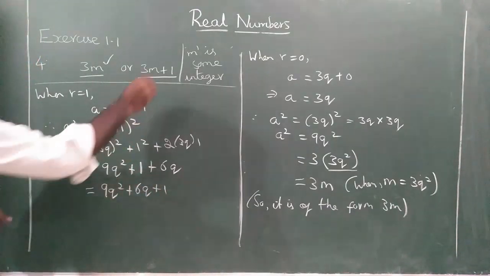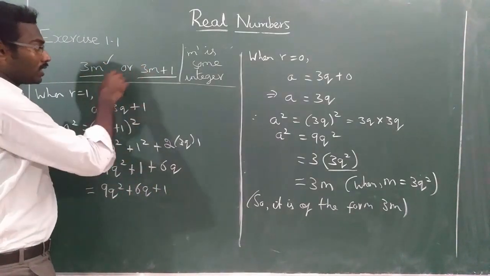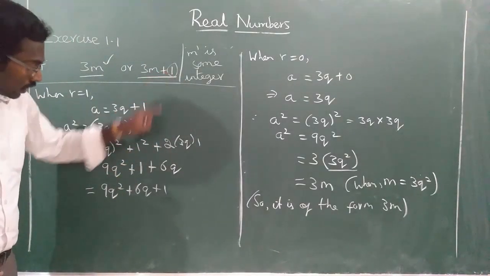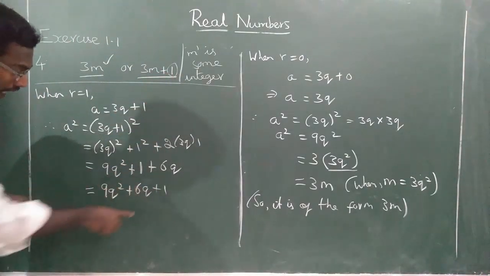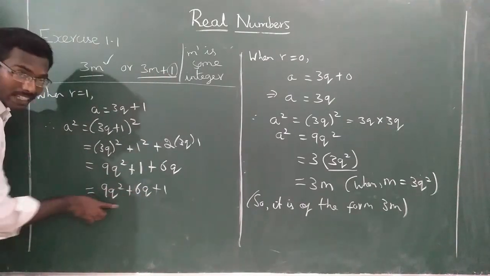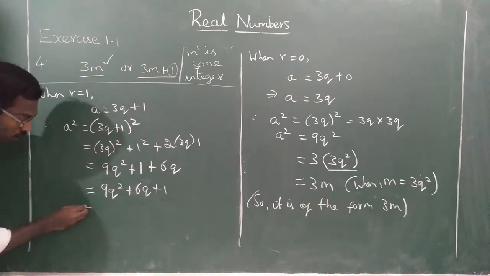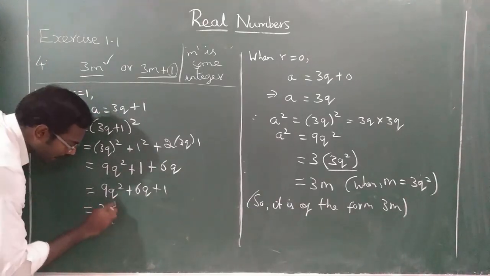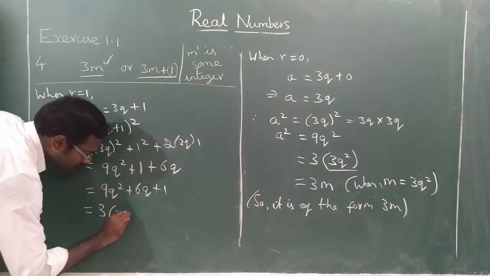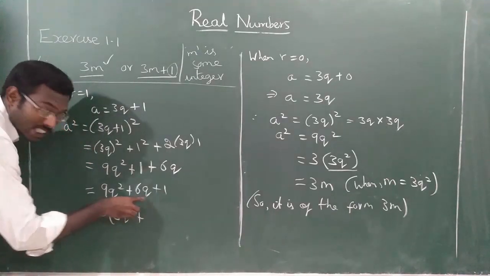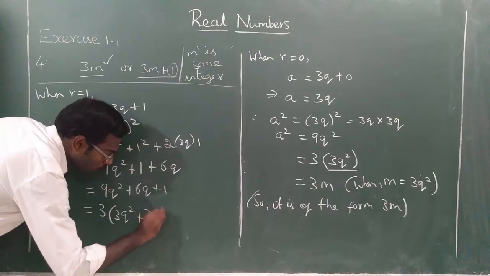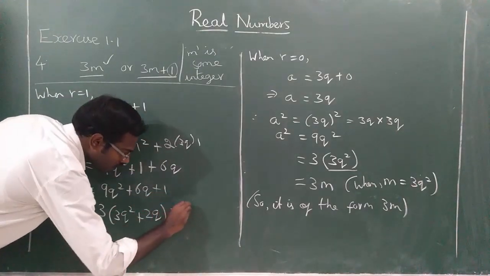So 3m is not possible, but 3m plus 1 is possible now, because there is plus 1 here also. So take the 3 outside for these two terms alone. If you take 3 common, the remaining is another 3q square, and in 6q if you take 3 outside, 3 2s are 6, so 2q. This is separated plus 1.